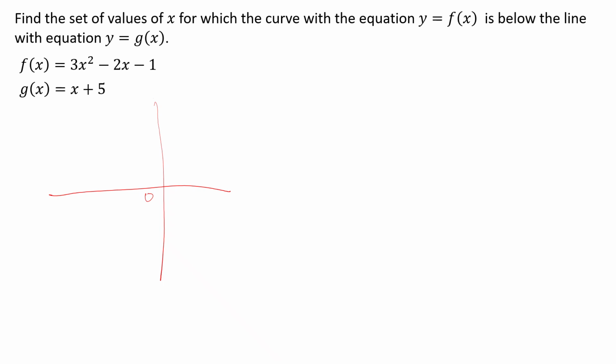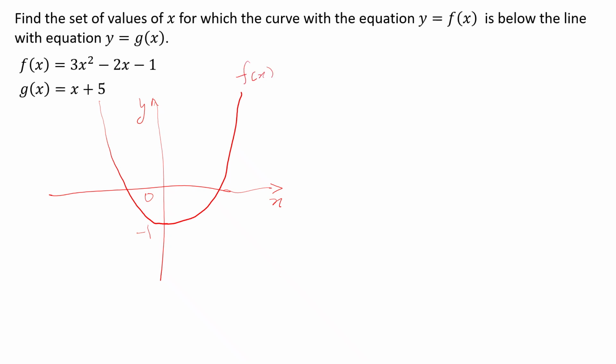Origin, y-axis, x-axis. So y-intercept, when x equals 0, y equals minus 1. So positive x squared, the graph is like this. This is f(x).